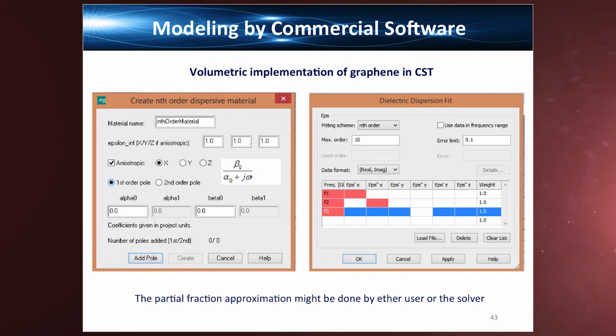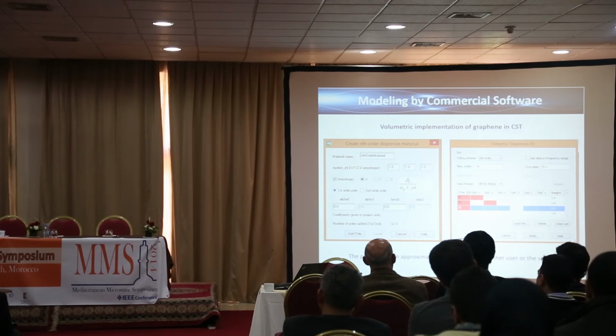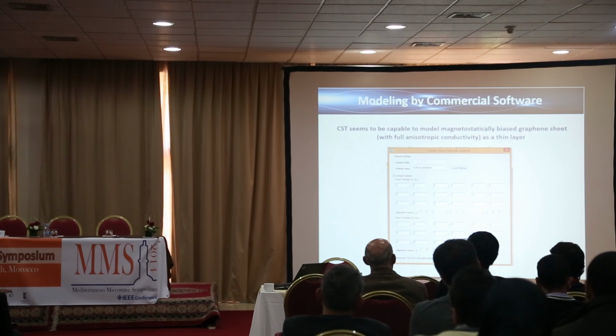Here you can extract the poles and residues by yourself and insert them into the software. And here you can give the conductivity of the sheet as a function of frequency in a lookup table, and the software approximates it by a sum of fractions.